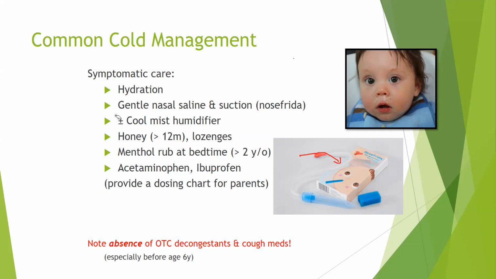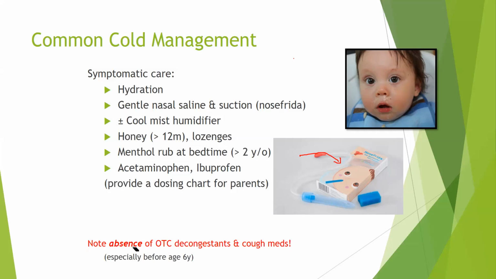Menthol rub is really helpful with congestion, as are ibuprofen and Tylenol. And then there are dosing charts that we should provide for parents, particularly for younger kids, as a lot of these ibuprofen and Tylenol medications say to ask your primary care provider for dosing information.